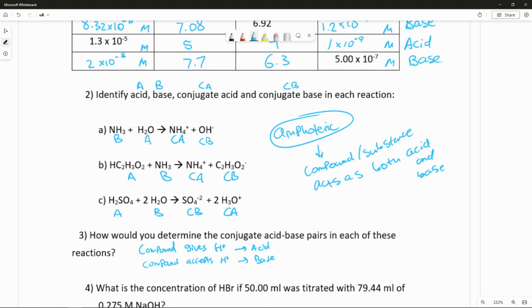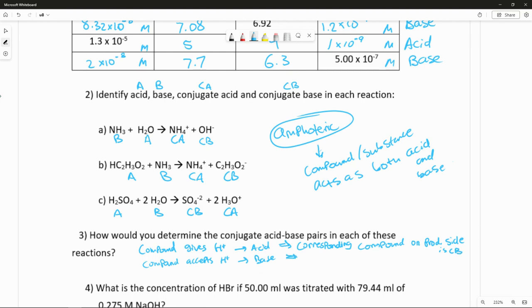Now, if a compound is an acid, then the corresponding compound on the right side of the arrow, on the product side, is going to be the conjugate base.